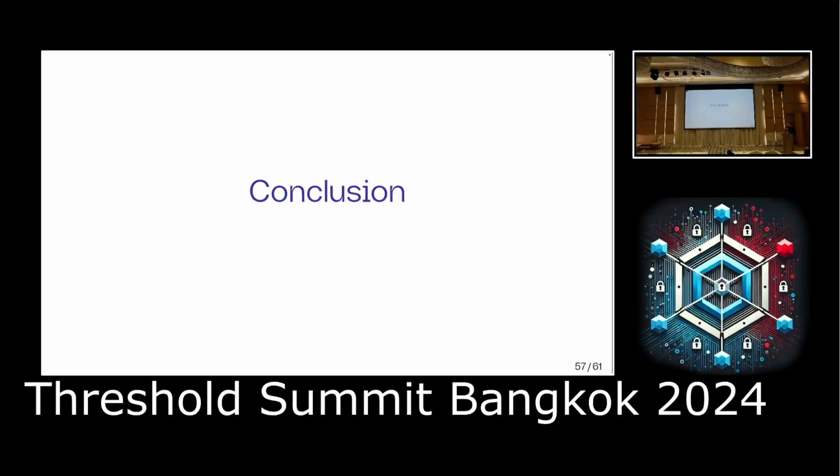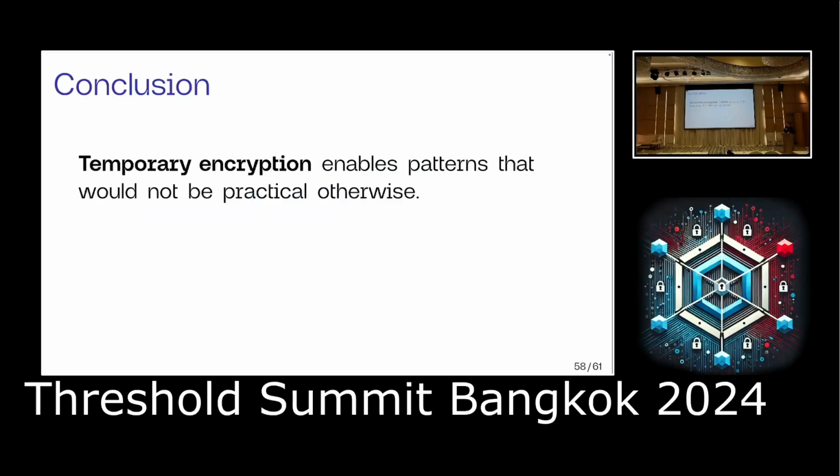And to conclude a bit, temporary encryption is interesting because it allows us to do things with blockchains that are difficult to do otherwise. Front-running protection, sealed bid auctions, some forms of DAO voting, as well as randomness generation. For that, there are also other solutions as we've seen.